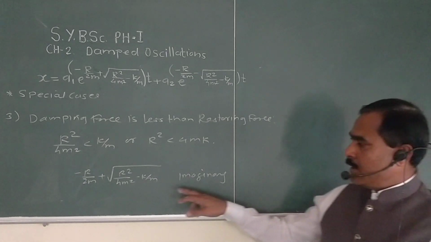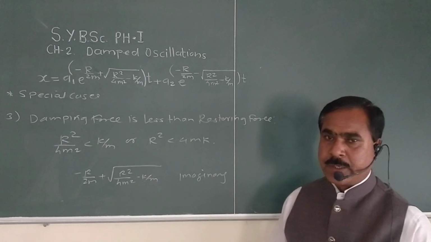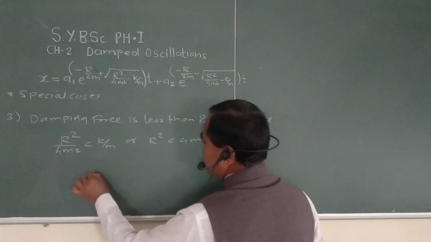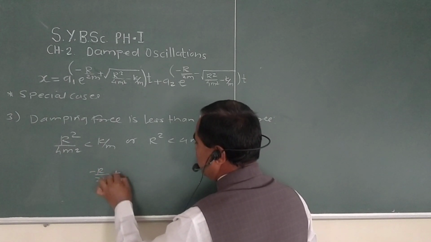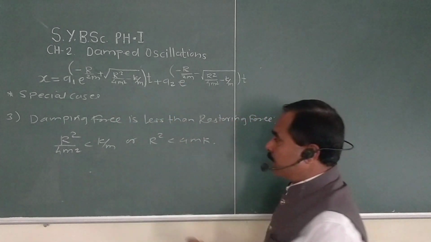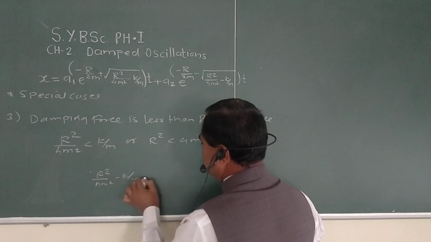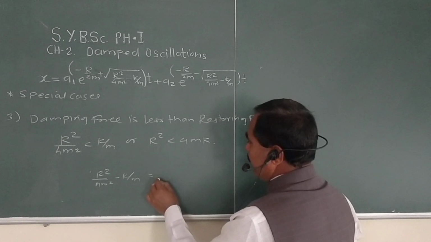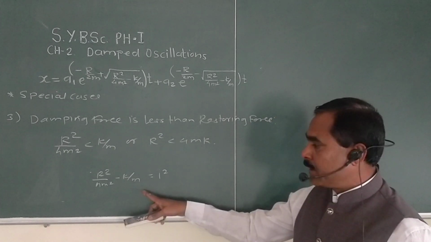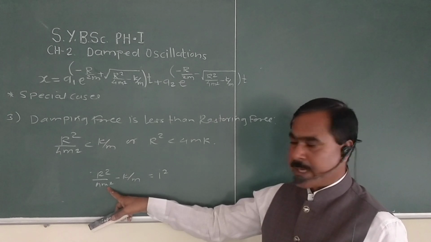Now imaginary means we will get a negative term, and for that negative term we write r square upon 4m square minus k by m equal to say i square. I square means we have to write k by m minus r square upon 4m square with a negative sign.